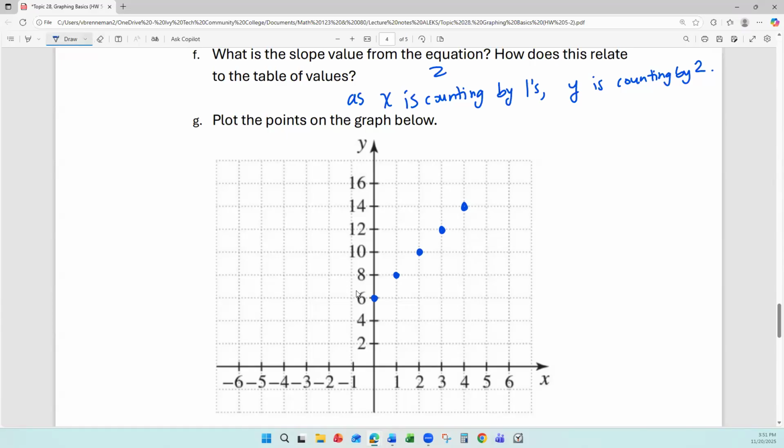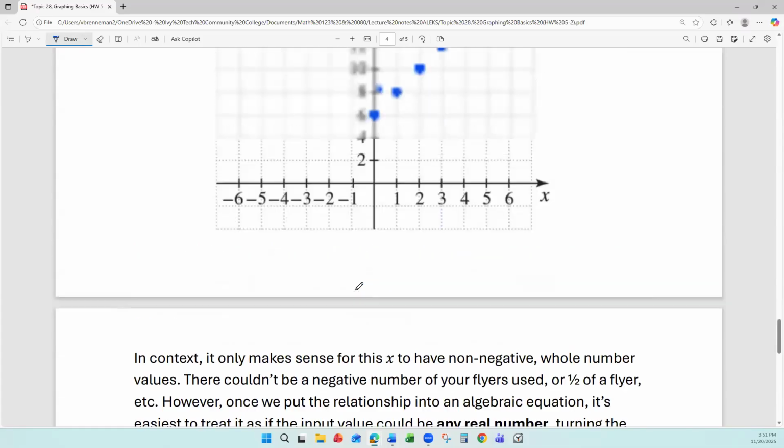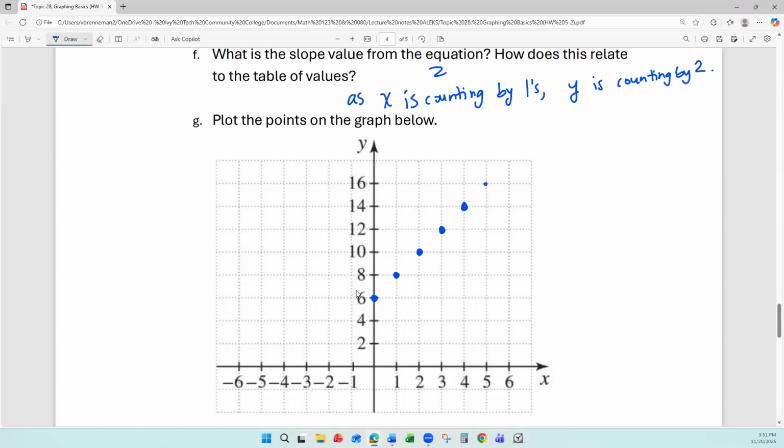It's not the same scale as the x-axis. Now, in the context, it only makes sense to have these individual points, and then we would keep following that pattern. And it wouldn't make sense to go in the other direction and have negative numbers, or to have anything in between those points, because you can't have a half flyer get used. You can't have a negative number of flyers get used.